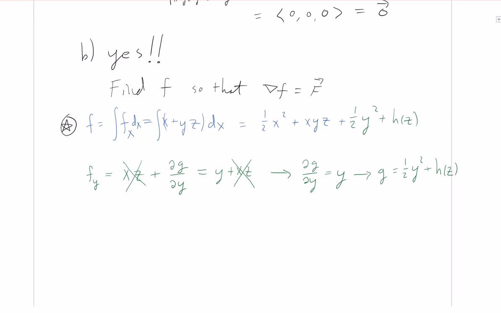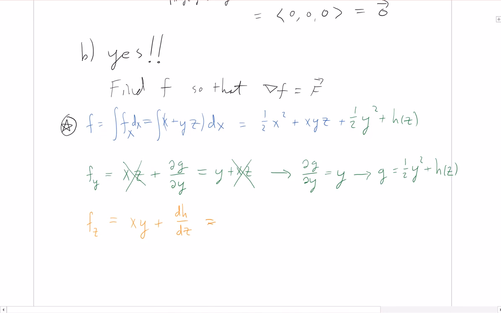So again, let's take the derivative of equation star with respect to z. So the x squared and y squared terms will have 0 derivatives since they don't include z. The second term, the derivative will be xy. And the last term will just be the derivative of h.